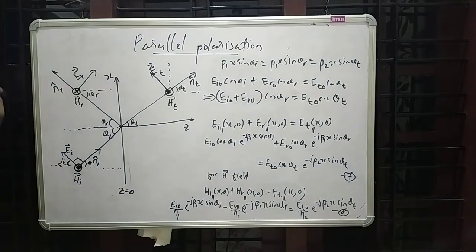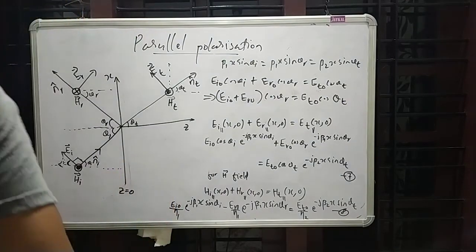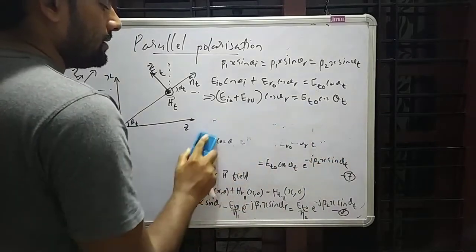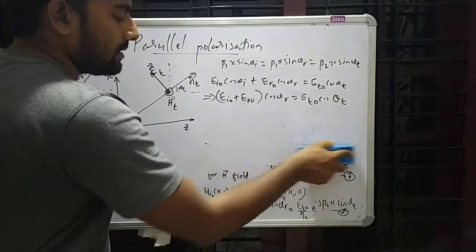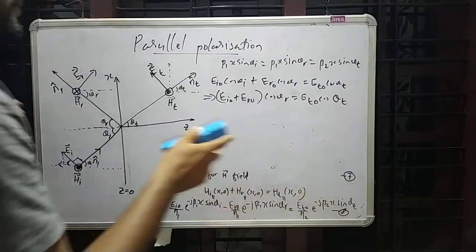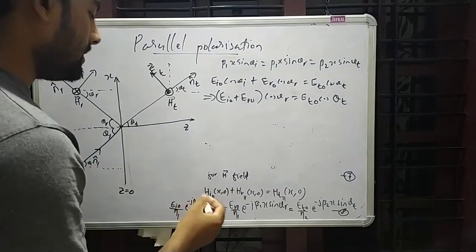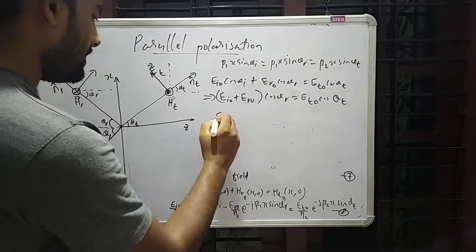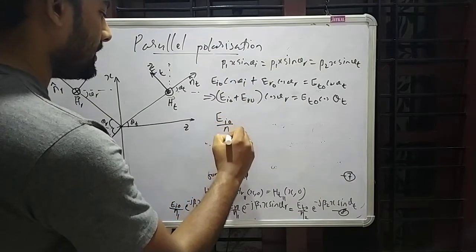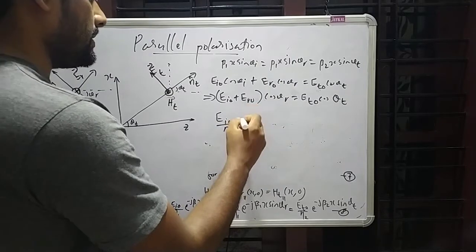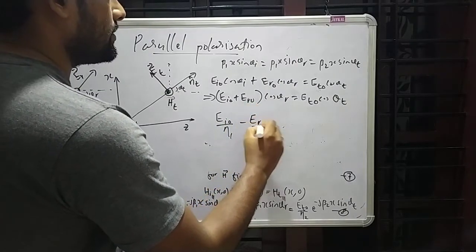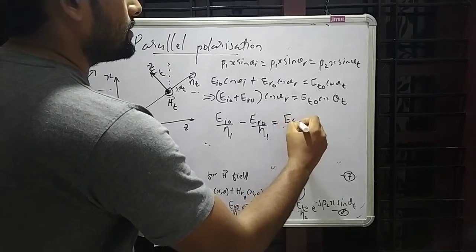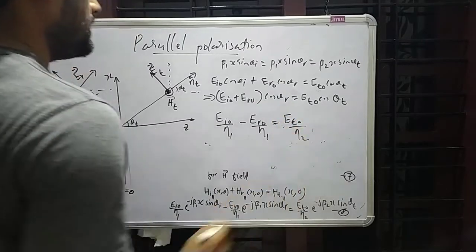Okay, as well as for magnetic field, this equation will lead to EI0 divided by eta 1 minus ER0 divided by eta 1 is equal to ET0 divided by eta 2.